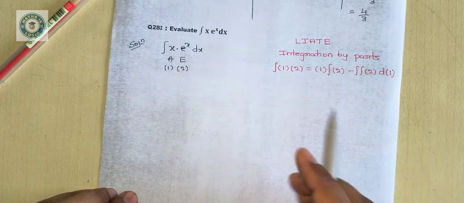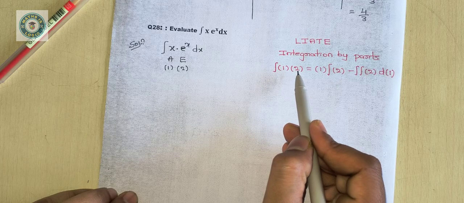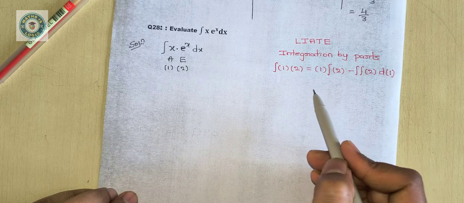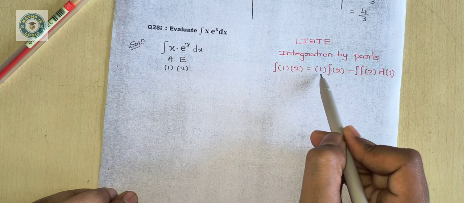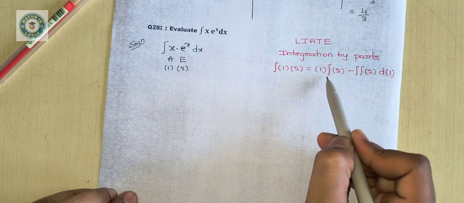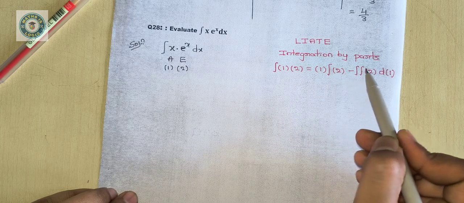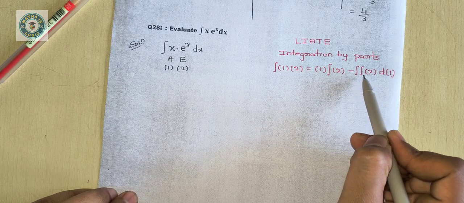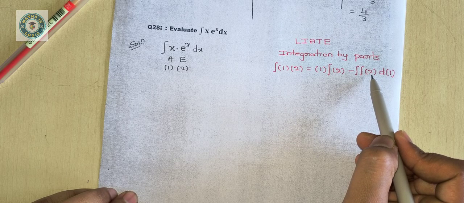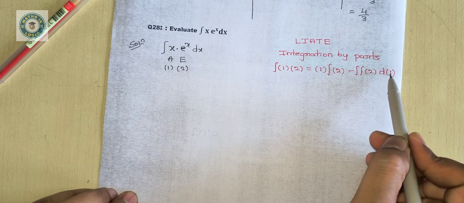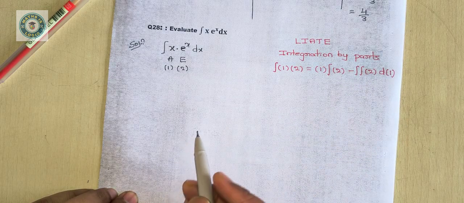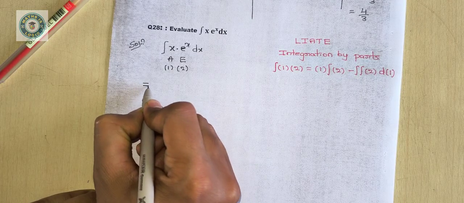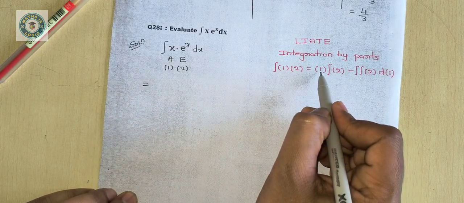So what is that formula? Integration of first function into second function is equals to, the formula is: first function keep it as it is, next integrate the second function, minus the integration of, second function we need to do the integration, into differentiation of what here, first function. Therefore now apply here, which is equals to first function as it is.